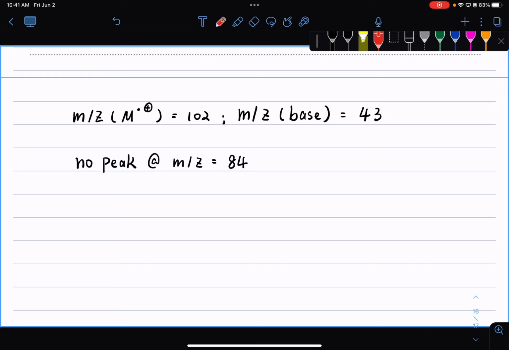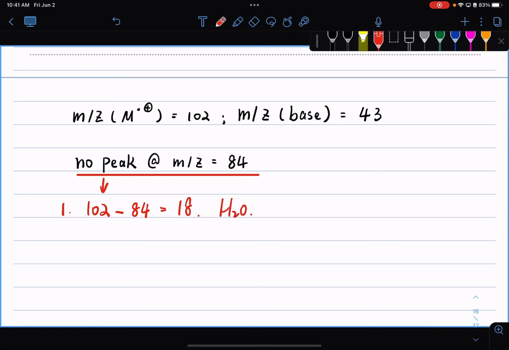So using this information, we can get 2 pieces of information. One, there's no peak at 84. What does that 84 mean? So 102 minus 84, that's 18. So that's the molecular weight of water. And in our class, we were talking about dehydration of alcohol in mass spectrometry.